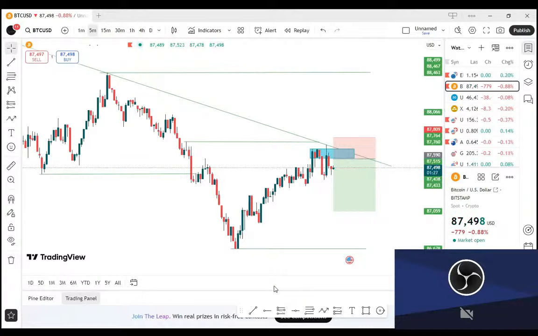If you use 0.10, you'll be losing about $20. If you use the lowest lot size, 0.01, you'll be losing about $2 plus on this. So you are risking about $2 plus, so that will be a very nice risk reward ratio. But I still have more setups apart from the BTC.